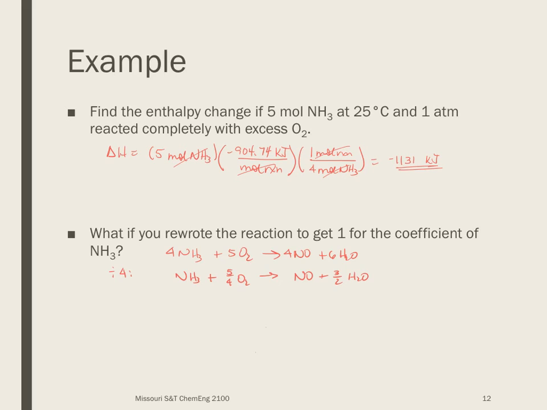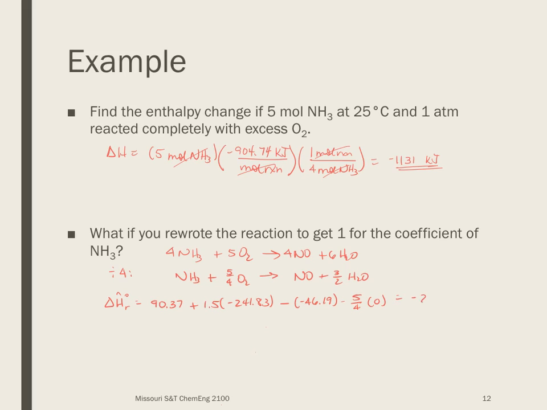So what happens for heat of reaction for this case? In this case, I have 1 NO, I have 1 1/2 waters, I have 1 NH3, and 1 1/4 oxygens.